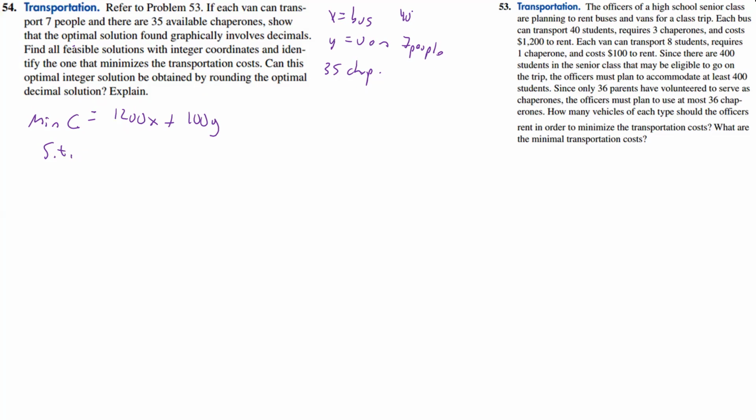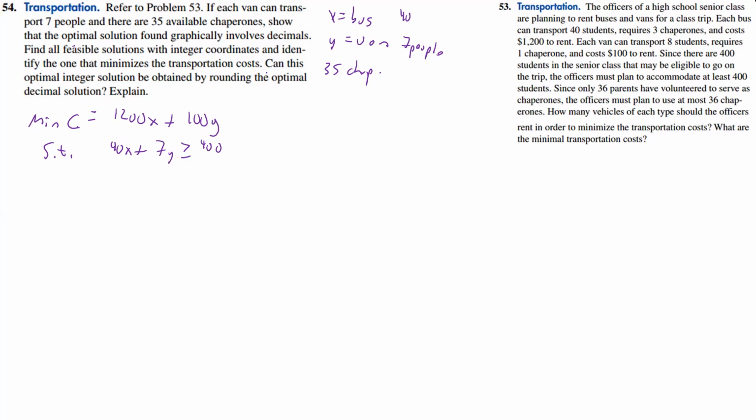So we have 40 times x plus, now we have 7 times y, and we have to have at least 400 people, so it has to be greater than or equal to 400.